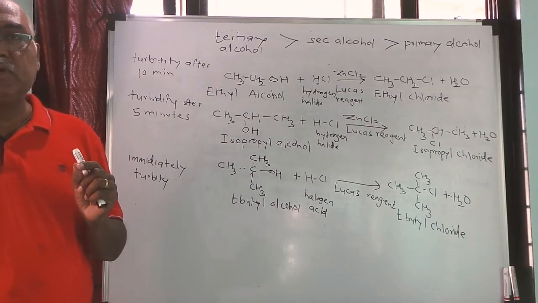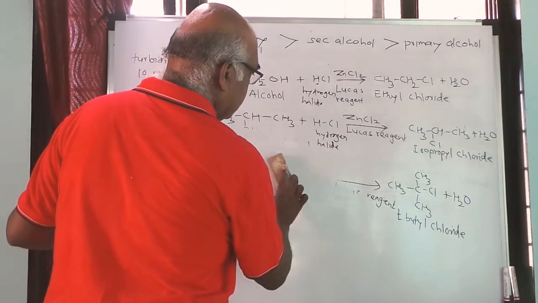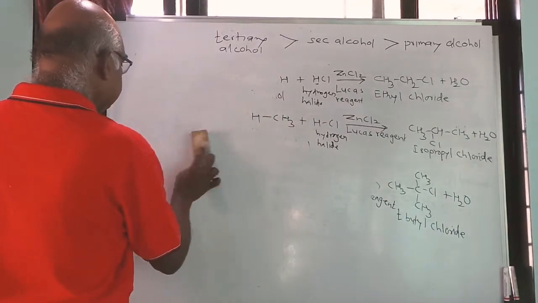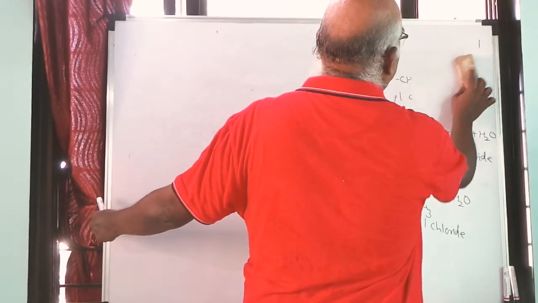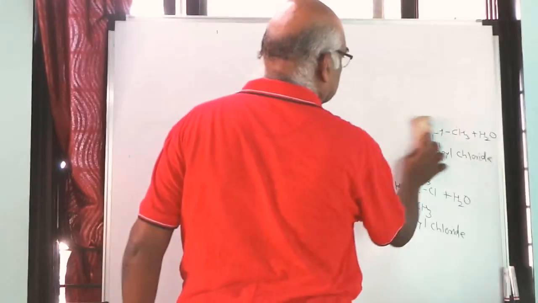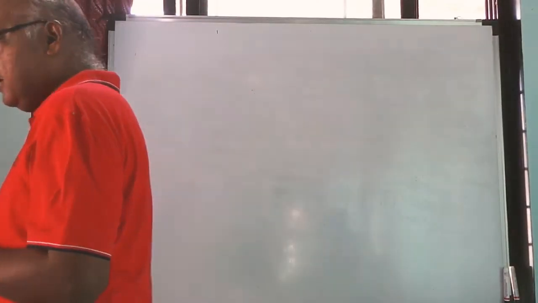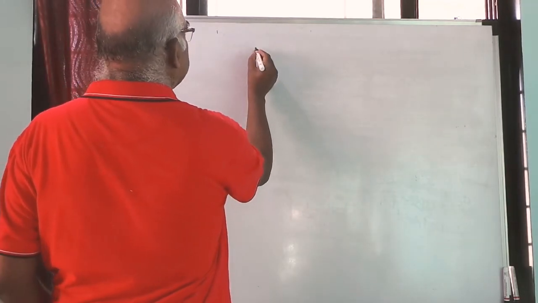So this is the third method for the preparation of these alkyl halides by using hydrogen halide or halogen acid. Now instead of taking HCl, you may take HBr or you may take HI. Instead of chlorine, you can take bromine and you can take iodine.